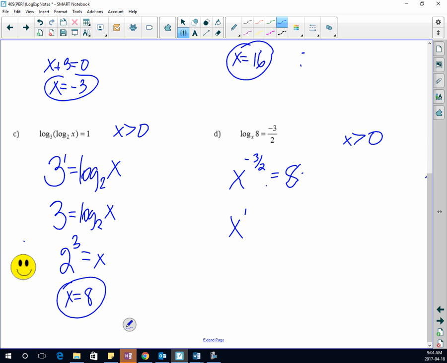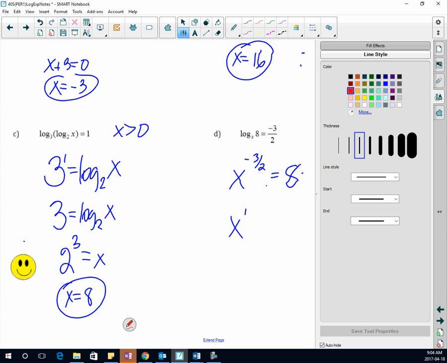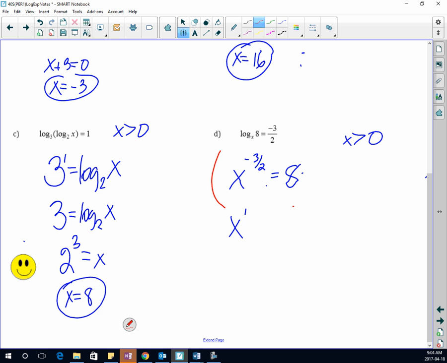We need to power it to the reciprocal, not times it by the reciprocal. I know you're actually saying what I mean, but you're not actually saying it the correct way. So we're going to power it to the reciprocal. The reciprocal would be negative 2 over 3 to both sides, yes?